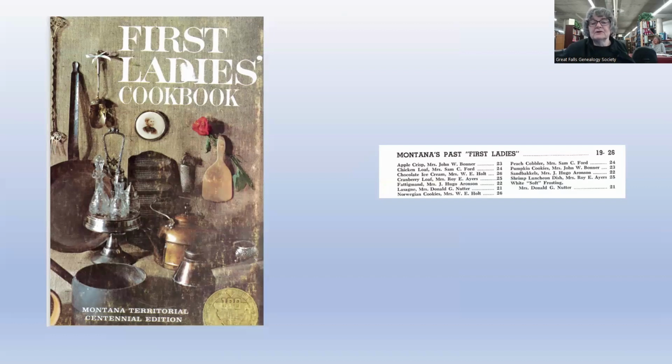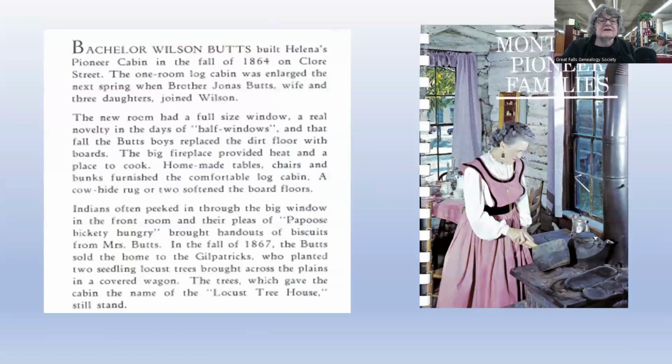First ladies cookbooks. Most states have them. And if you're looking and saying, hey, I had a person in my family, maybe they weren't governor, they were in the works as an attorney general, or at a county level, they were a county commissioner or whatever, you should look for these because they were asked commonly to do these across states. And as they were asked to do it, you're going to find all kinds of information that you did not expect.